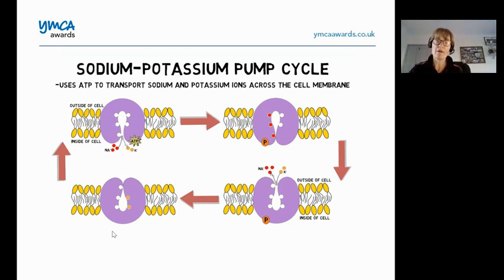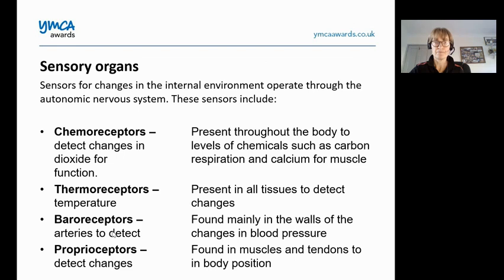So just remember that movement of sodium potassium across the cell membrane in that uneven 3 to 2 ratio. It's an active transport because they're going against the concentration gradient, so it needs ATP to function. Right, I hope you got that. Do watch the video, it can be quite helpful for that.